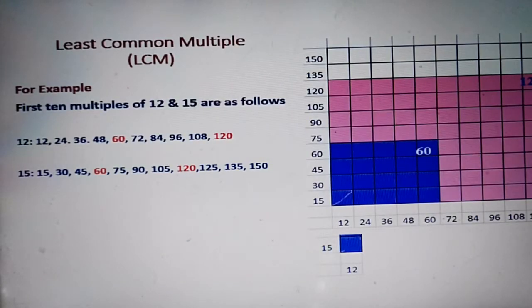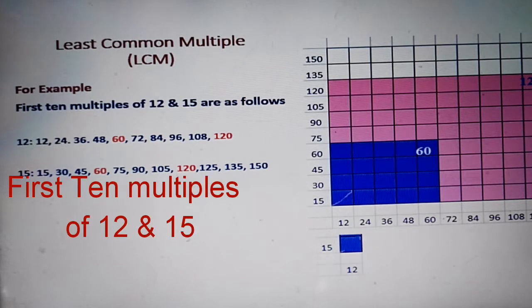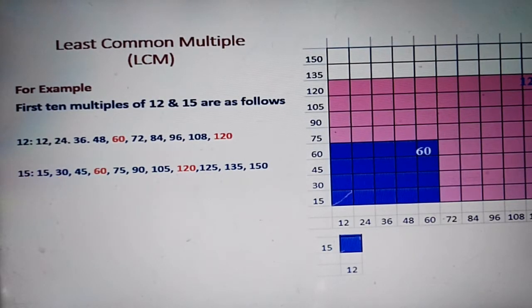Now let's take an example of least common multiple. The first 10 multiples of 12 and 15 are as follows. We consider two numbers, 12 and 15, and their first 10 multiples are here.